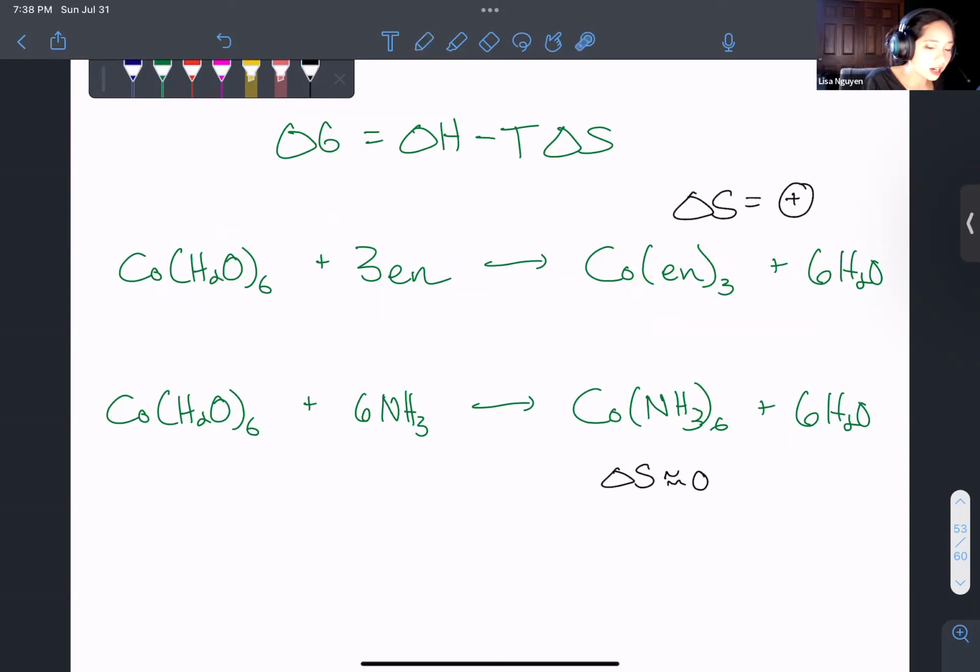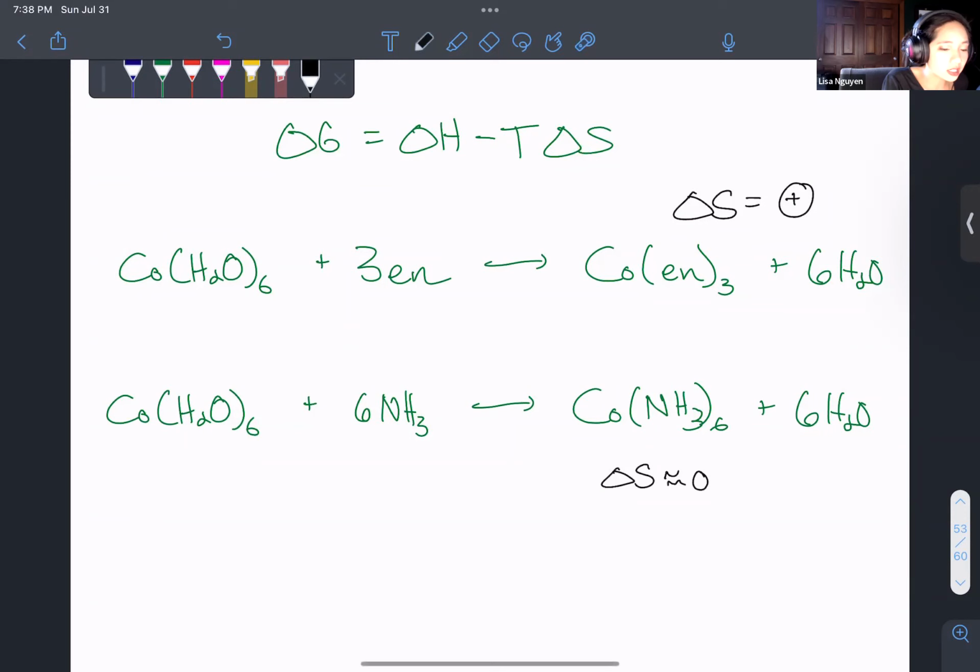If we compare the delta G's of these two reactions, the Gibbs free energy at the same temperature, the delta H is going to be the same, but entropy is different. In the chelate version, delta G is going to be more negative because delta S is a larger positive number.